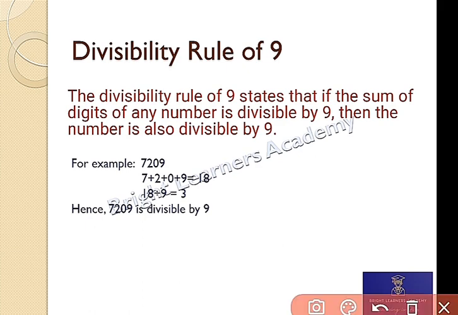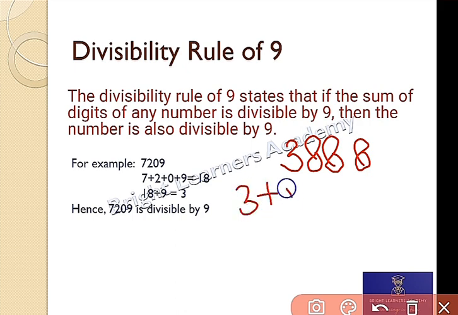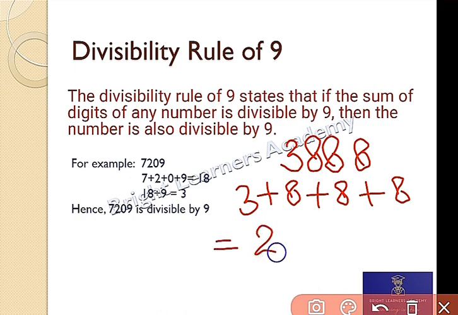Now let's take one example. If the number is 3,888, let's add the digits. So it would be 3 plus 8 plus 8 plus 8. Now let's total it. So it would be 27. Now divide this 27 by 9.